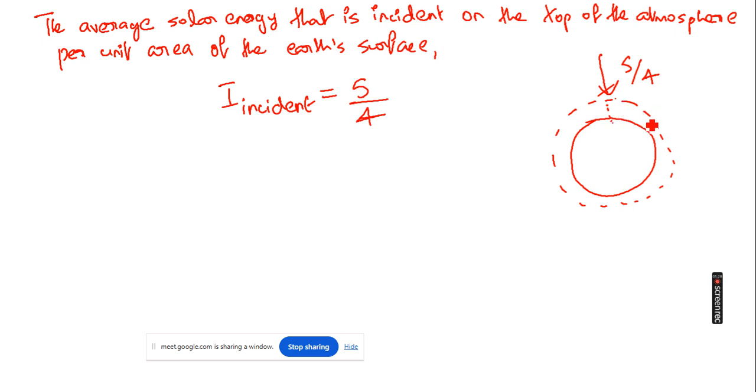Some part of it is reflected back due to clouds or aerosols and from the Earth's surface.